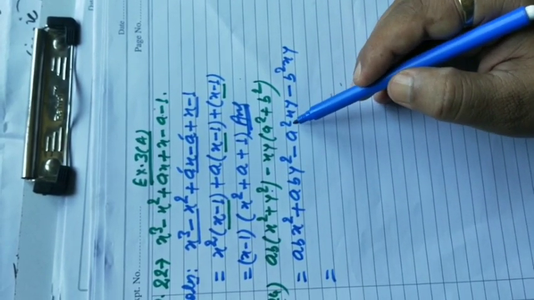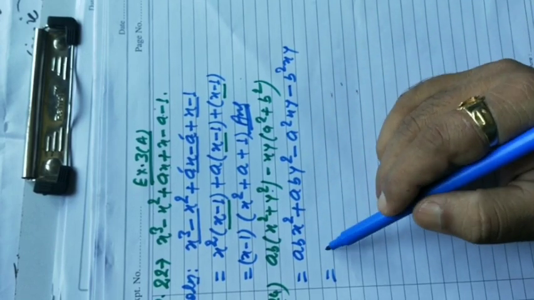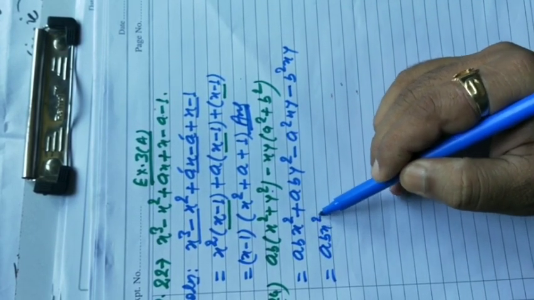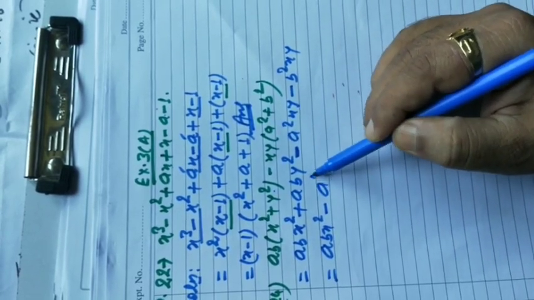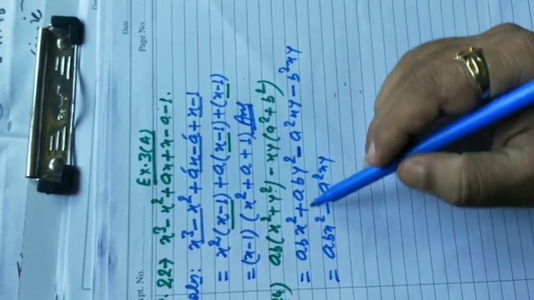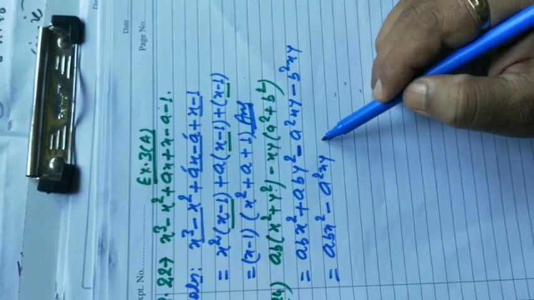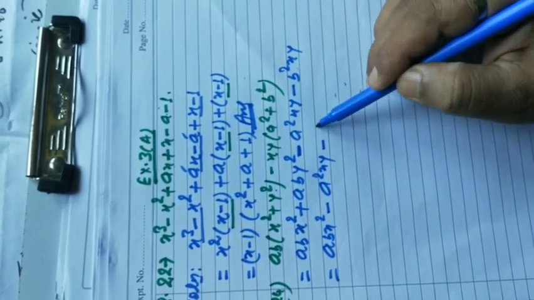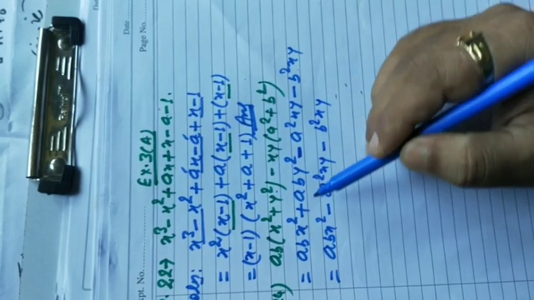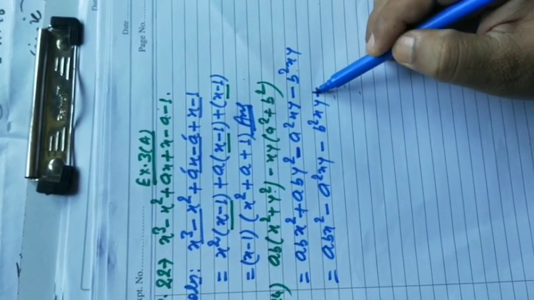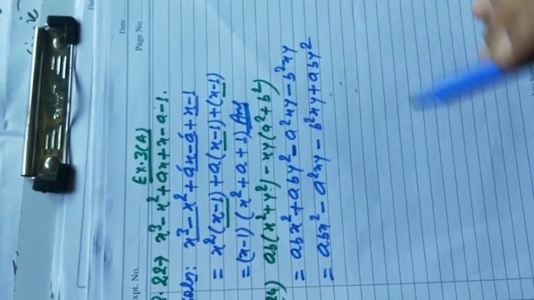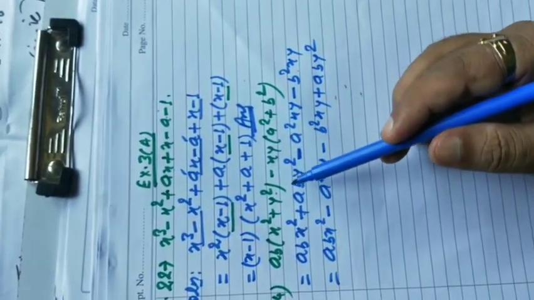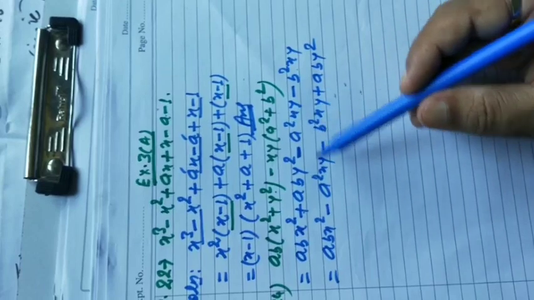So take these two terms together, ab x square, and minus sign is there, so you have to put minus a square xy. We have taken these two terms together, and now here minus b square xy, and here we have plus ab y square. So we have rearranged the terms of the given expression after multiplying it.